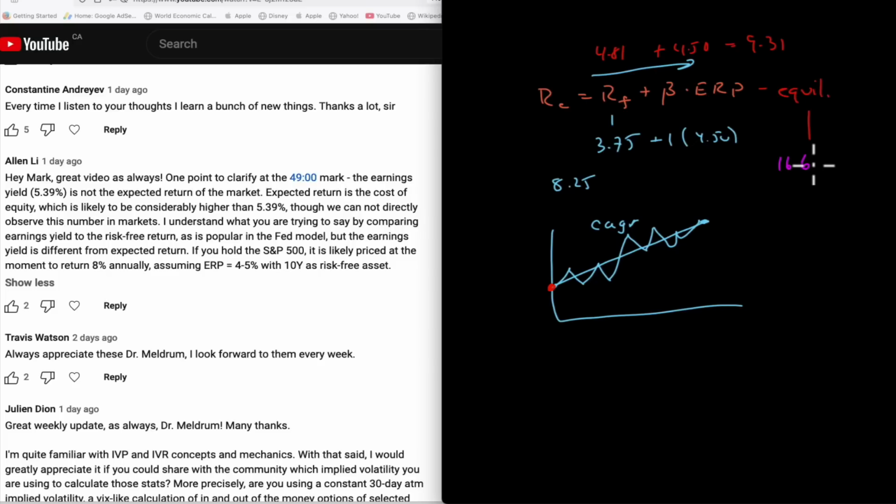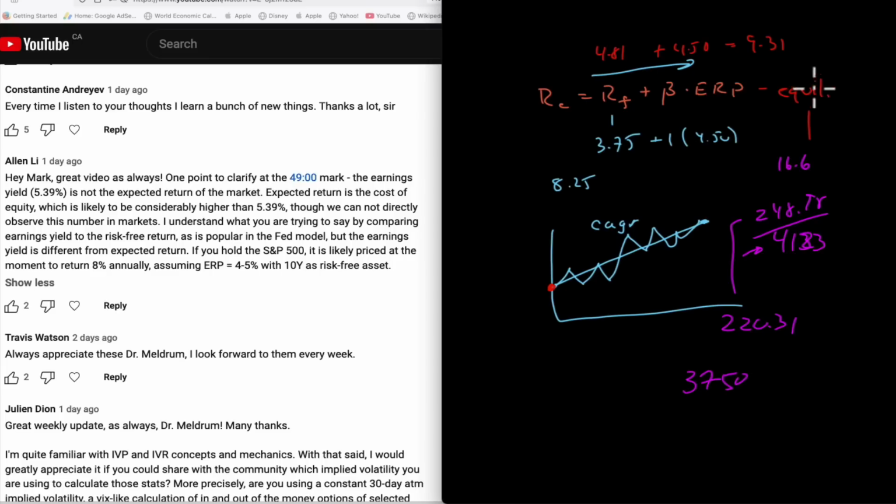To get to that level at 16.6, well, first of all, if we assume the current market, I think we're at 41.23, the index itself, and you assume that we are in equilibrium right now, you'd need earnings of 248.98. We're not at 248.98. We're at 220.31.